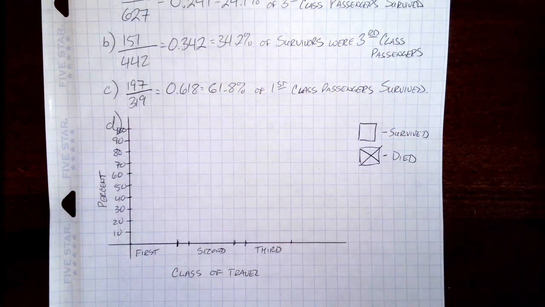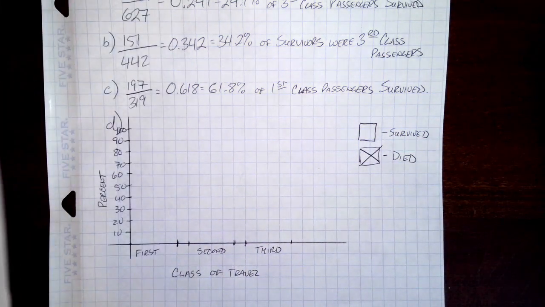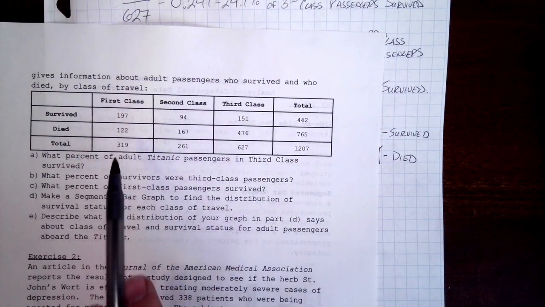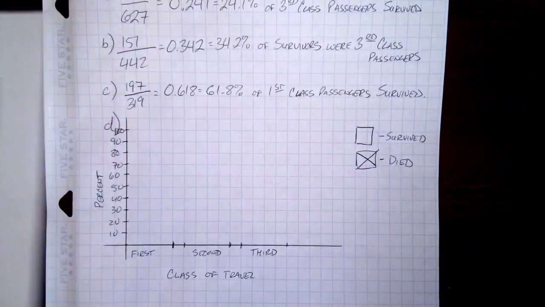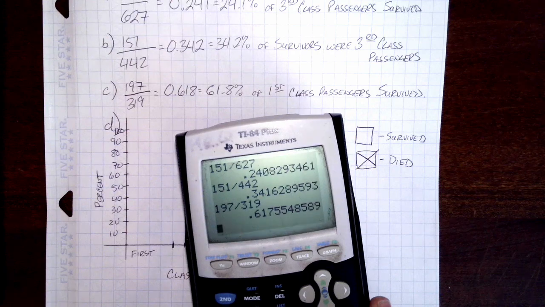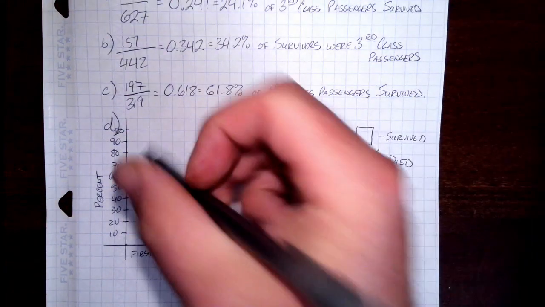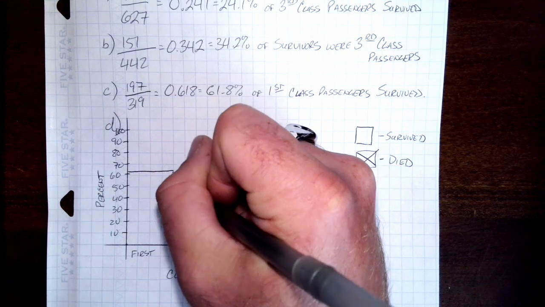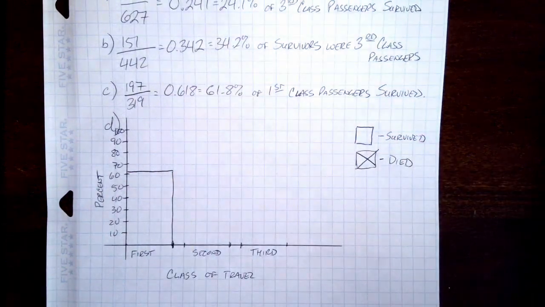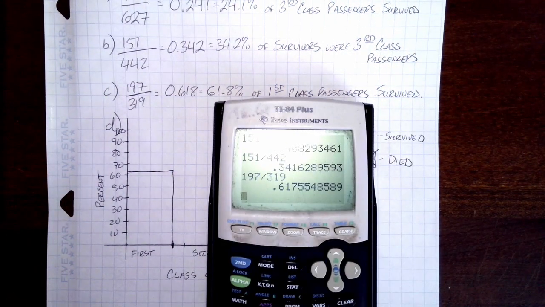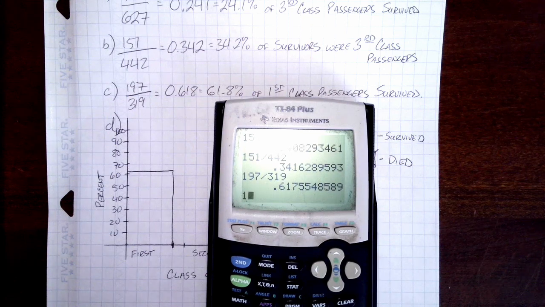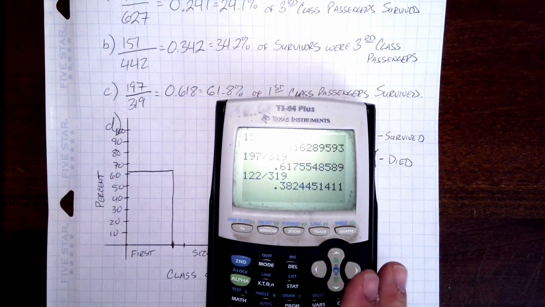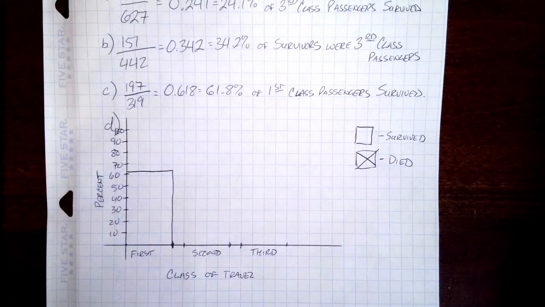So first class, based on your class of travel, 197 out of 319 survived. We saw that was 61.8%, a little above 61%. And then the other 122 out of 319, the other 38.2% perished.